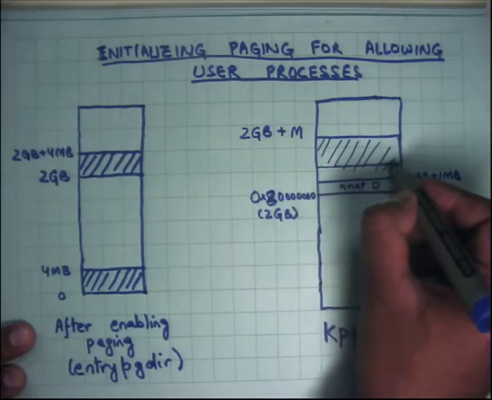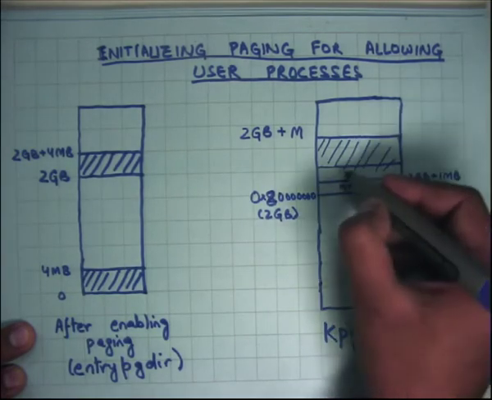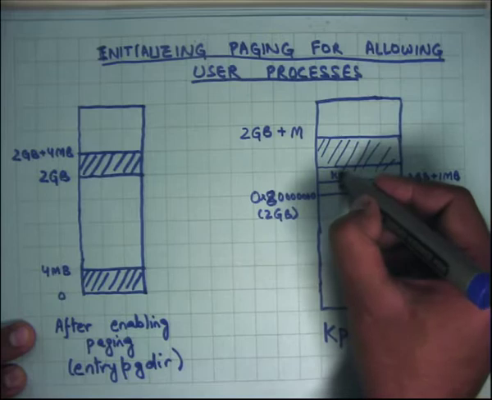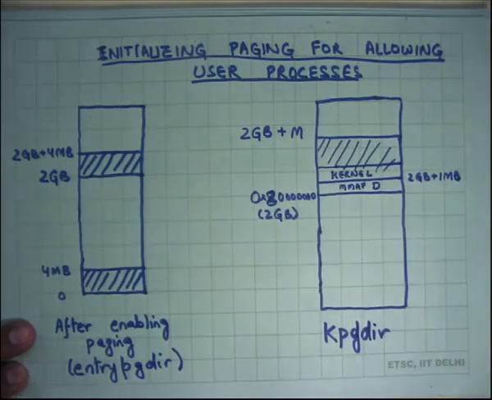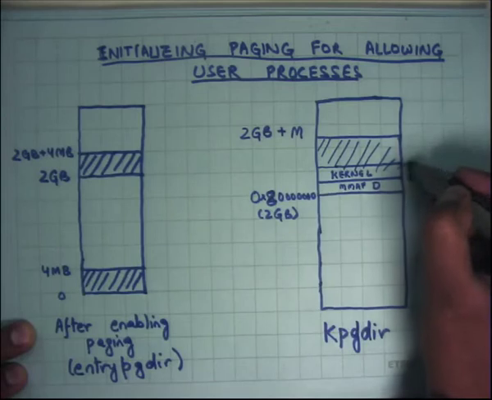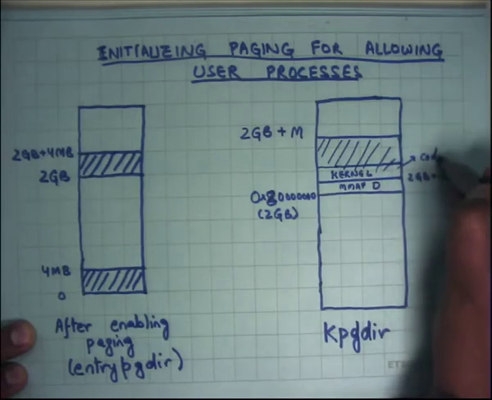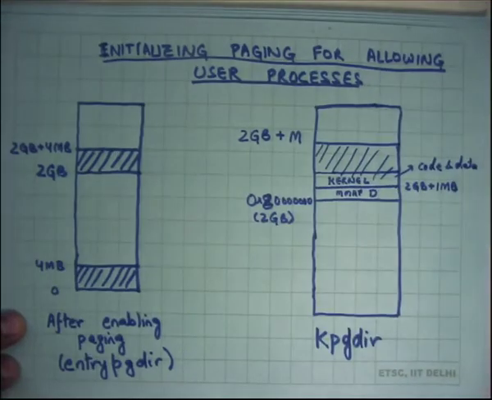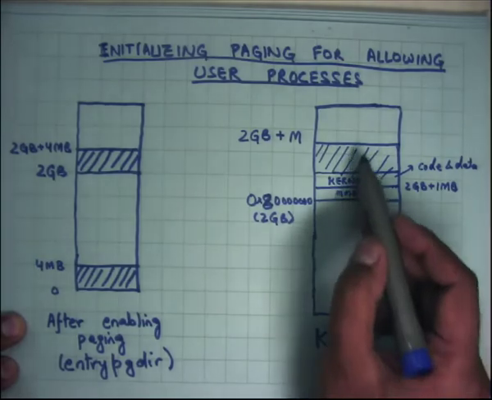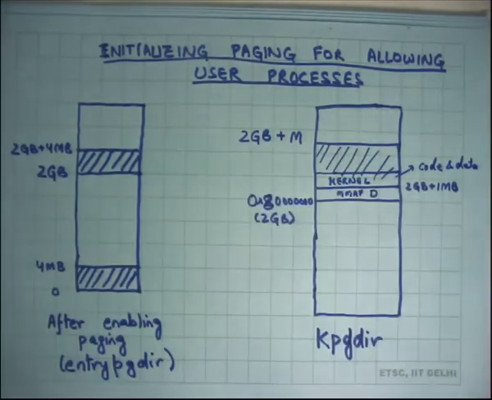Then there is some area which will be loaded for the kernel. Starting at 1 MB, you're going to have the kernel, both code and data. And then all the other space, I'm going to call it free space.